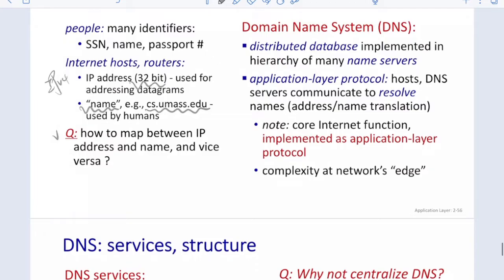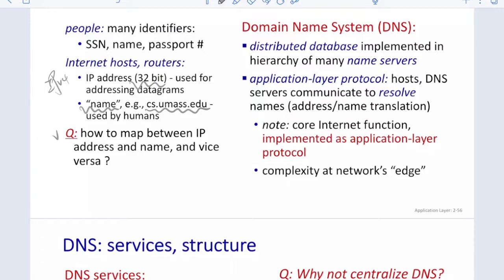Because if we have only one single server to do such mapping, what if this server crashes? What if the bandwidth is used up by, for example, a denial of service attack?